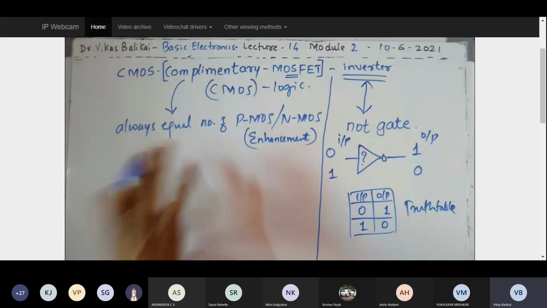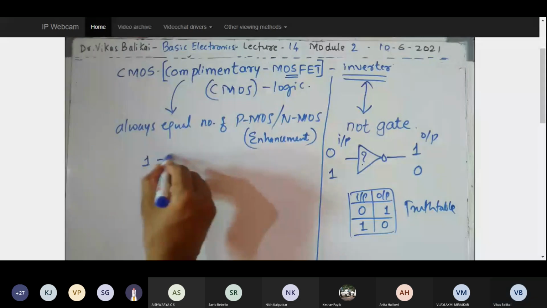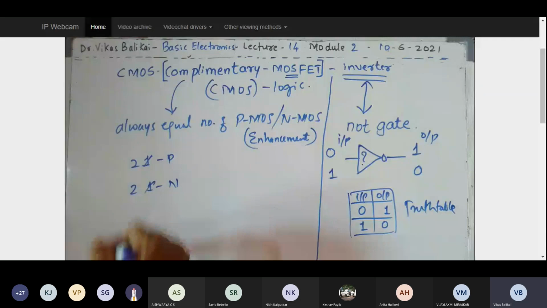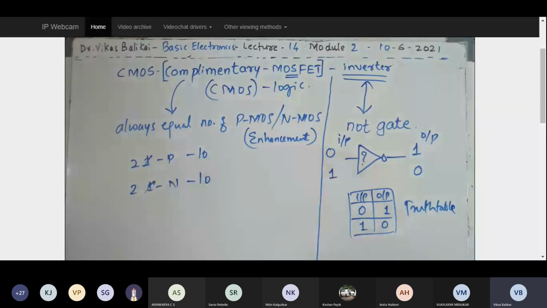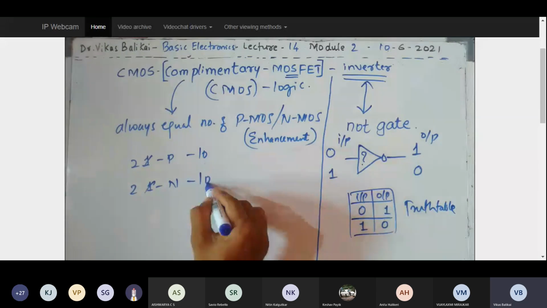When I say equal number of PMOS and NMOS, I could have one PMOS and one NMOS, two PMOS and two NMOS, or 10 PMOS and 10 NMOS. But whatever the amount of PMOS, the same amount of NMOS should be present in your entire circuit.